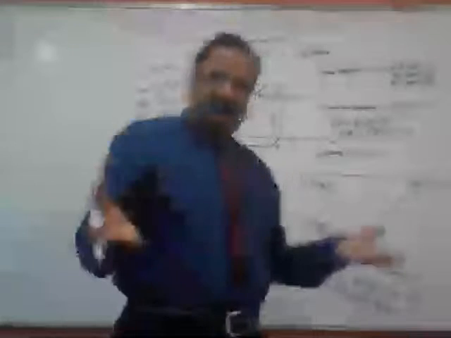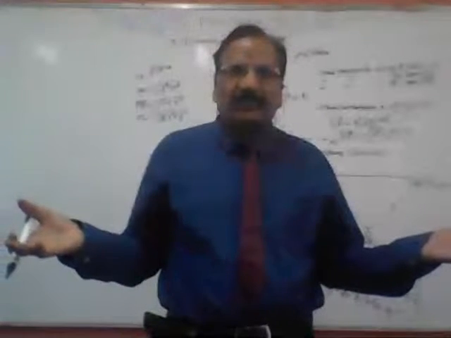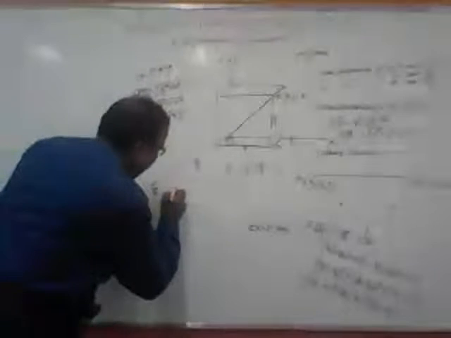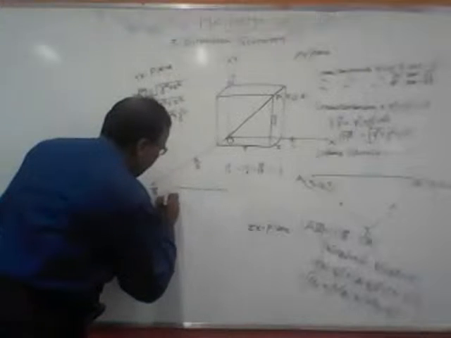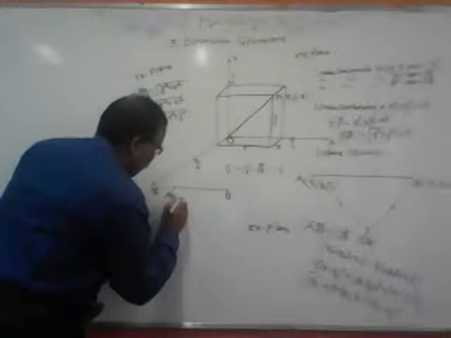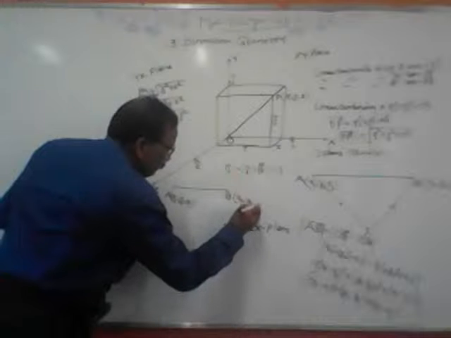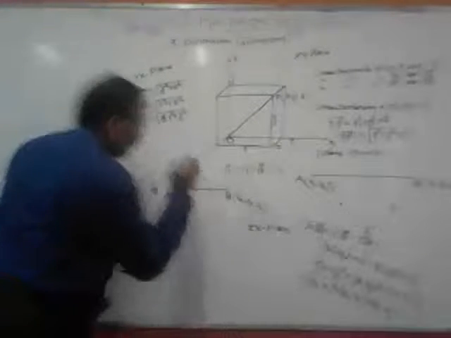And now the section formula, which is in class 10th also. The students have read the section formula. There are three types of section: internal section, bisection, and external section. Internal section means that if AB is a line with coordinates x1, y1, z1 and x2, y2, z2, the section is from here.